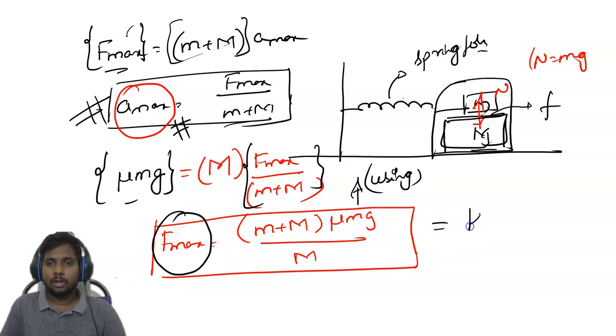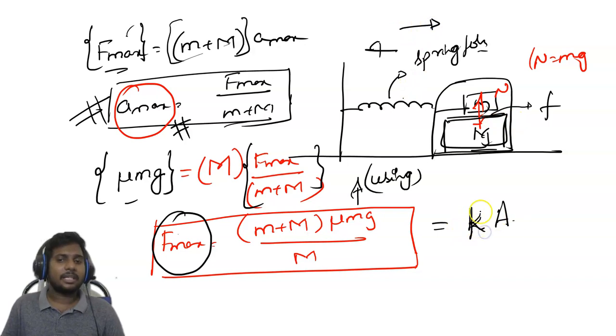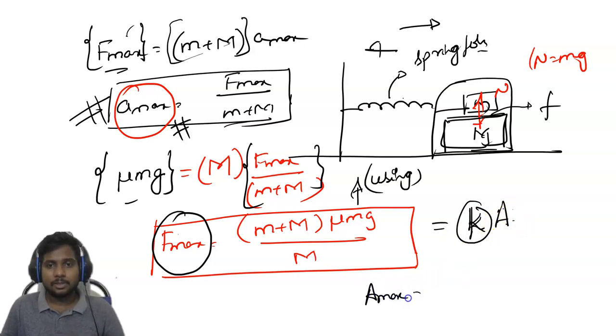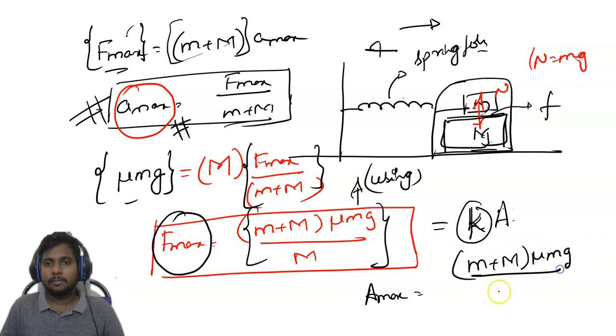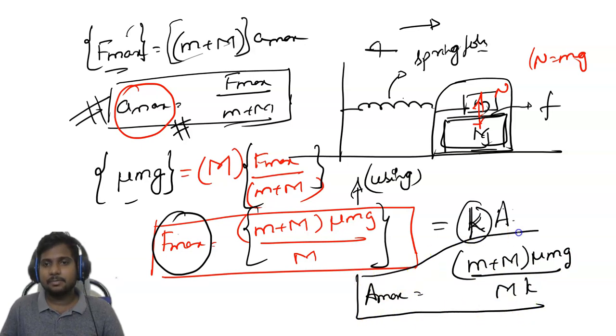That spring force is equal to K into A, in magnitude. The direction will be opposite to the displacement, whether it is extended or compressed. So K into amplitude is the maximum possible force exerted by the spring. Then the maximum amplitude is this force by K. I can write this as m plus M into mu m g by M into K.